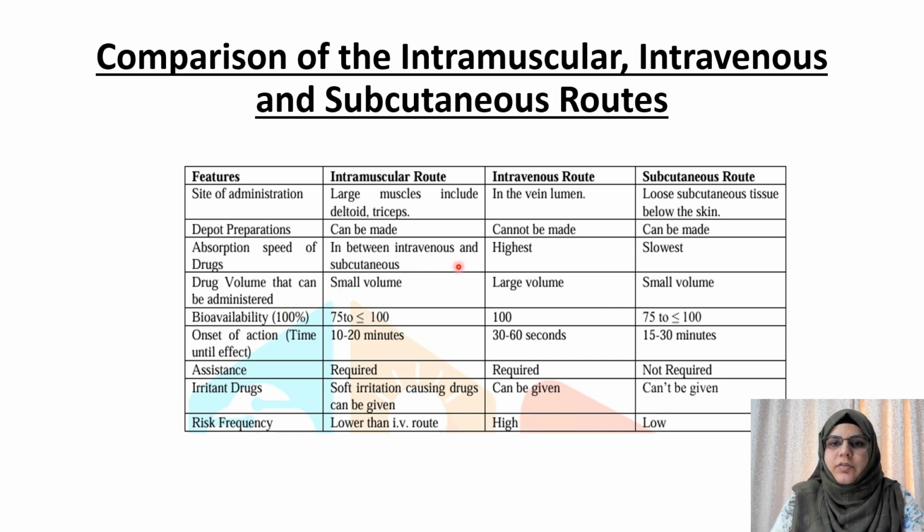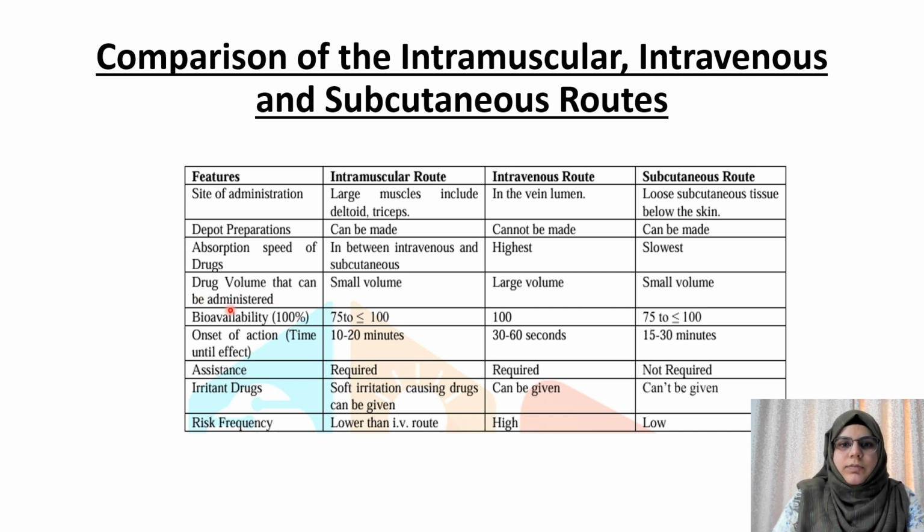Intravenous is the highest and subcutaneous is the slowest. So intramuscular comes in between the highest and the slowest.